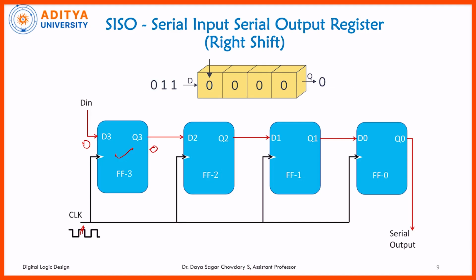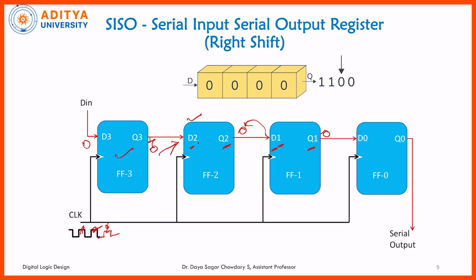Now the second stage has the data 0, that means the same 0 is applicable at D2. For the second clock pulse, Q2 is D2, and that same 0 will appear here. For the third clock pulse, D1 has the data 0, and that same 0 will be applied at Q1, because Q1 is equal to D1.